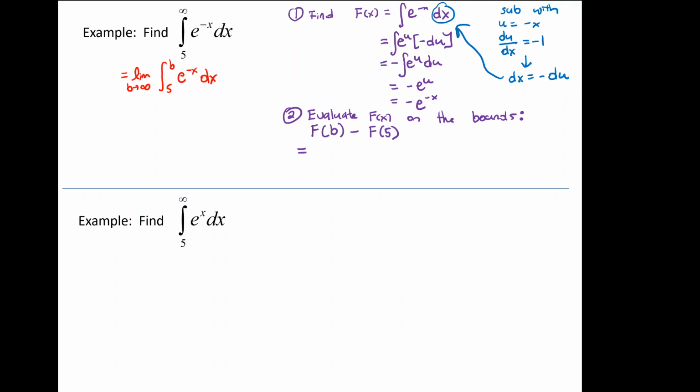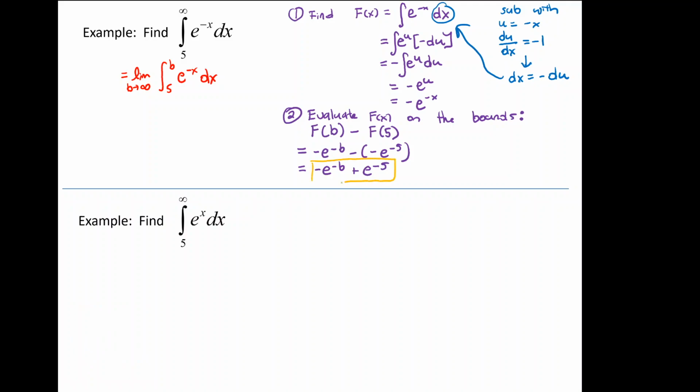When you plug b in, you have negative e to the negative b. When you plug 5 in, you have negative e to the negative 5. Now we are subtracting a negative. The negatives are going to cancel. We'll get a positive. So negative e to negative b plus e to negative 5. And then that is the end of step 2.